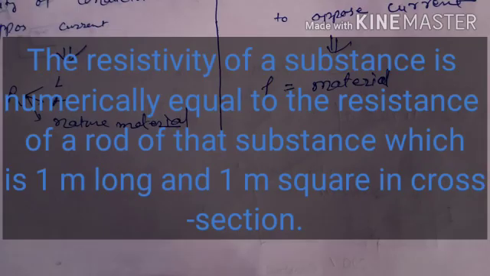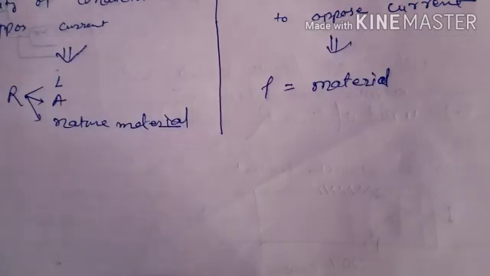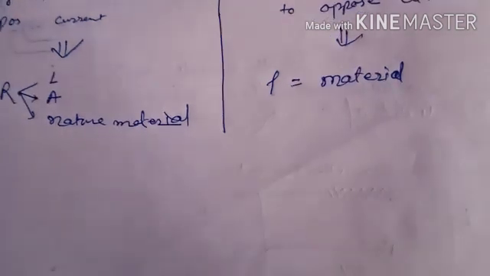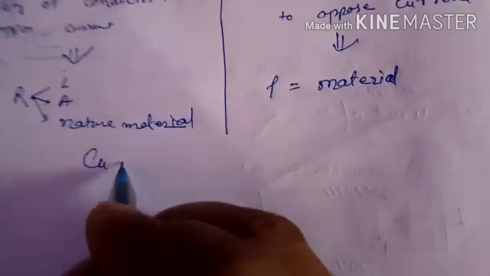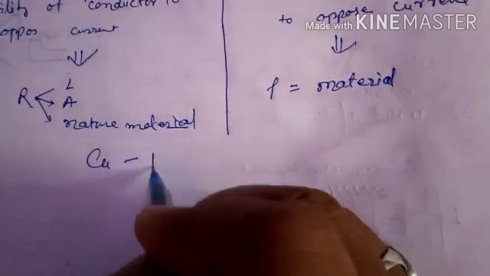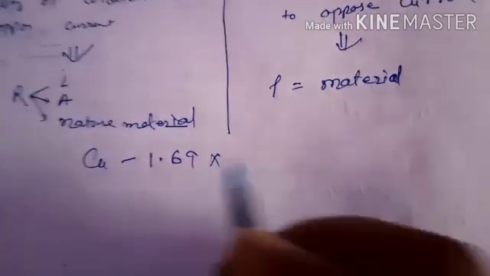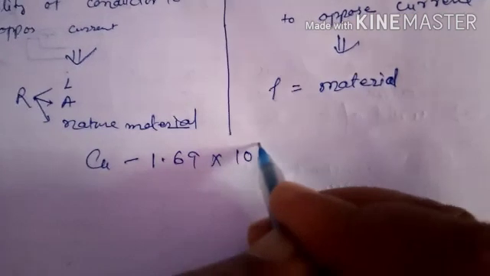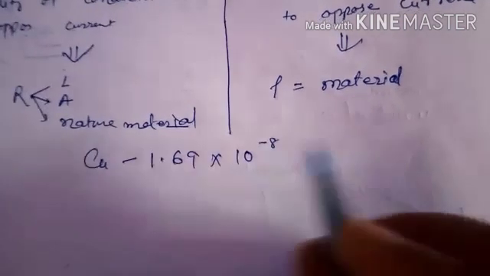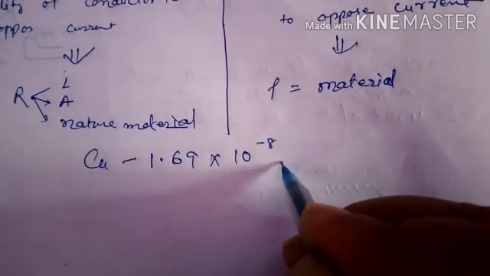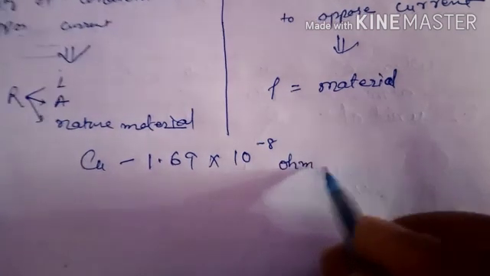For example, suppose the resistivity of copper is 1.69 into 10 to the power minus 8, and its unit is ohm meter.